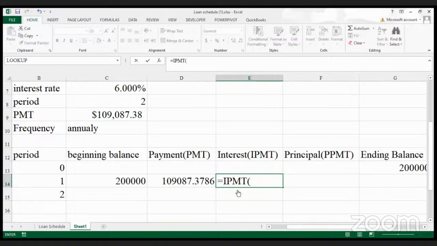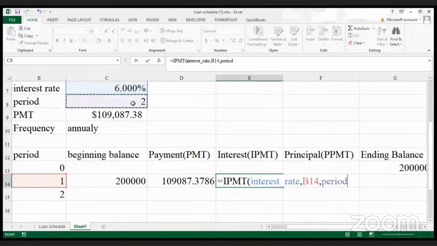So what is the rate? Our rate is interest rate here, comma. Period is this, period 1, comma. Number of periods is what is provided here, comma. Present value is the loan amount.